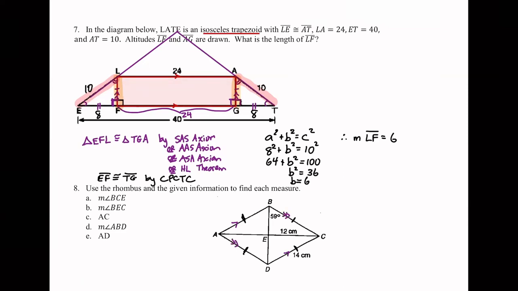The diagonals bisect each other. The diagonals intersect to form right angles. Put a little square there to show that each one of those angles is a right angle.